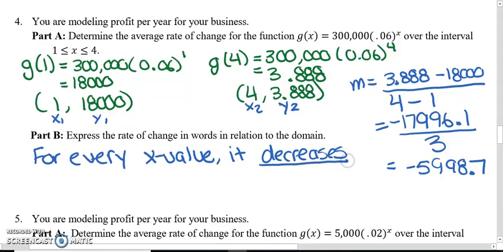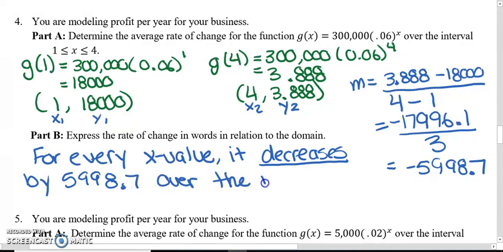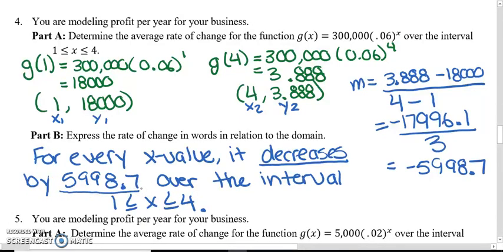Again, I'm writing decreases because my number came out to be negative, by 5,998.7 over the interval 1 less than or equal to x less than or equal to 4. So the only things that change in this sentence are whether it's increasing or decreasing, by what number, and then the interval that they're asking you to do.